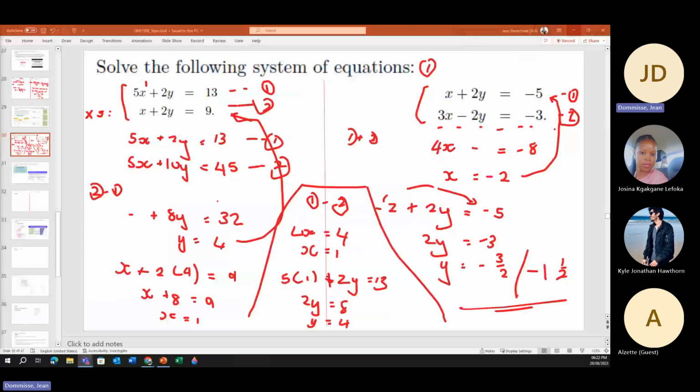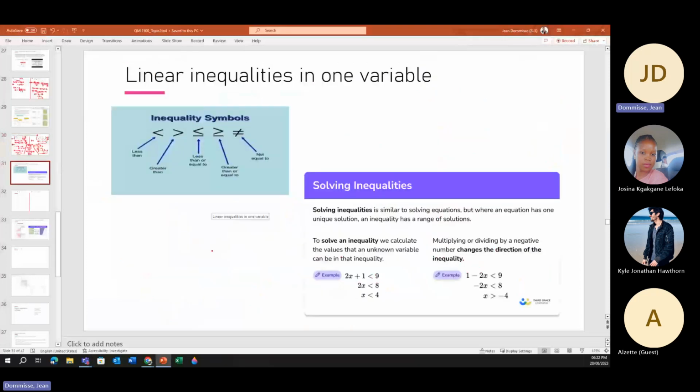You can also use your calculators, you can use Excel, you can use any of those other methods as well. Okay, so that is on solving a system of equations. Then the next one that we're looking at is the inequality.